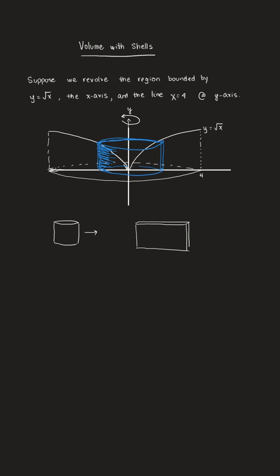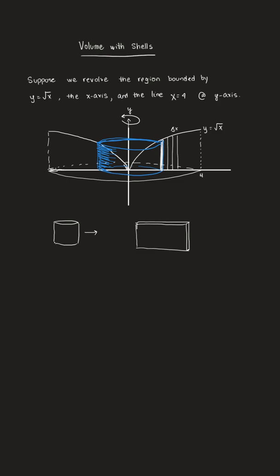That little thickness, you might guess, is our little delta x, delta y. In the drawing that I have, because we partitioned this region first, the thickness is a little delta x thickness. So that's a delta x.